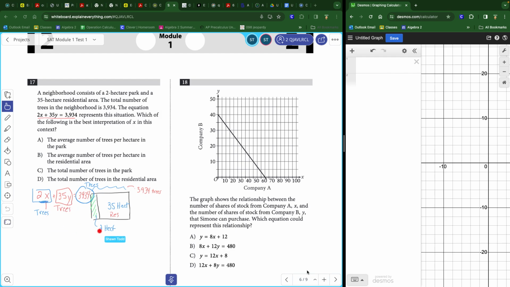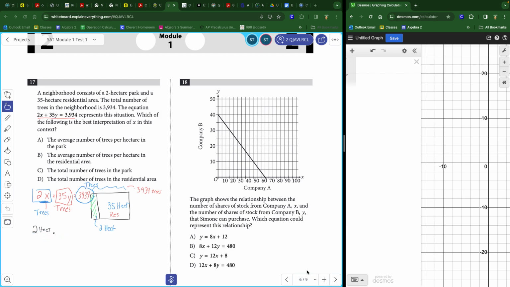So it's taking 2 times whatever x is, and you can see 2 is this area. So you're taking area times x, and 35 is this area, so area times y. If I just wanted to figure it out with units, I'd say this is 2 hectares. I got to get units of trees.